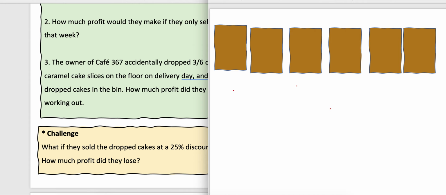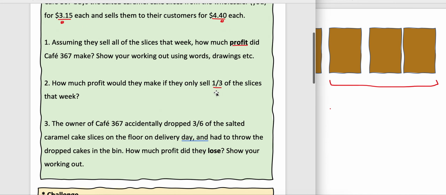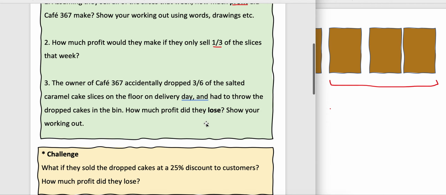Now we're saying that they dropped 3/6 of the cakes, so they dropped half of the cakes, really, which is 3, and they sold 3. So now we're trying to find out how much profit they lost, because we know how much profit they made in number 1. Now we're looking at how much profit they lost when they can only sell half of the cakes.